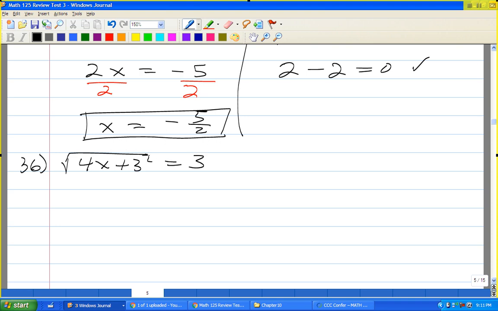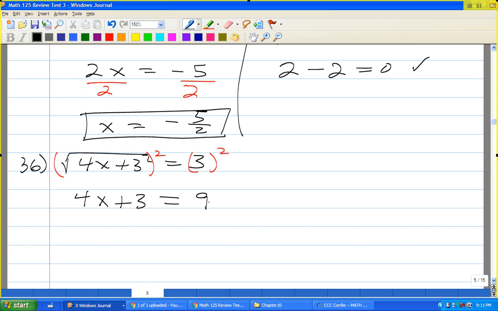Okay, so let me square both sides of my equation to get rid of the square root. I've already isolated the radical on one side of my equation, so to get rid of the radical, just square both sides of the equation. The square gets rid of the square root, so you just get 4x plus 3 is equal to 3 squared, which is 9.